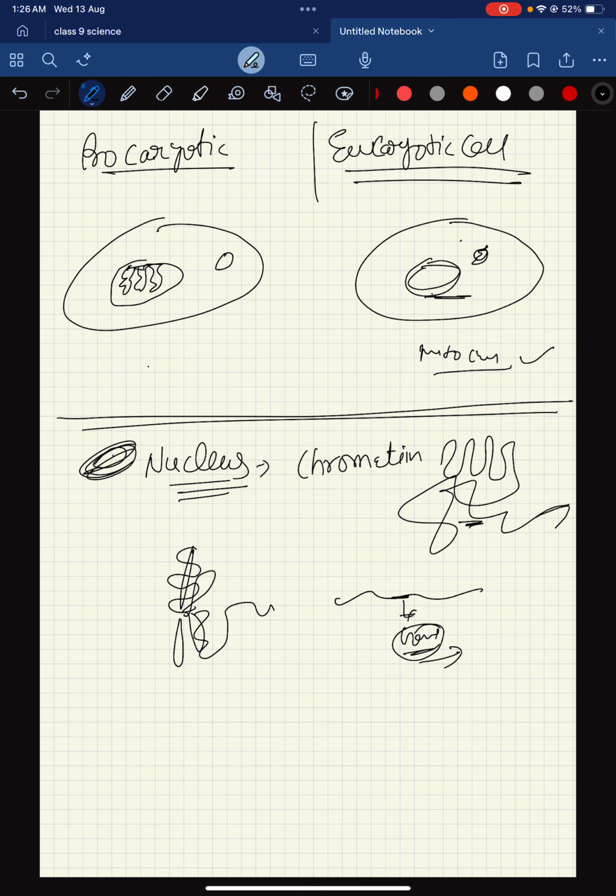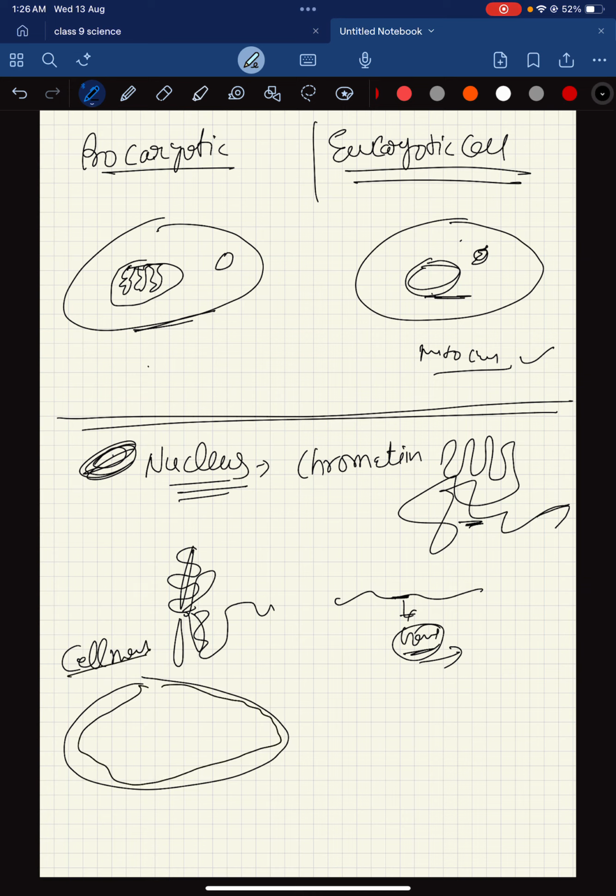The second is to learn about the cell membrane. The cell membrane is a double layer structure. In the microscopic view, if we draw, it looks like that. The outer structure is made by lipid.